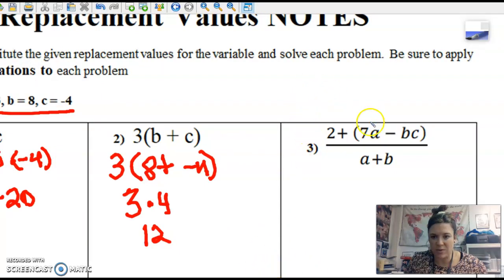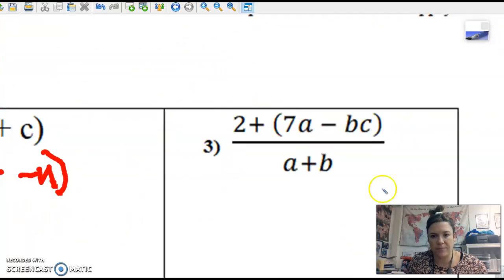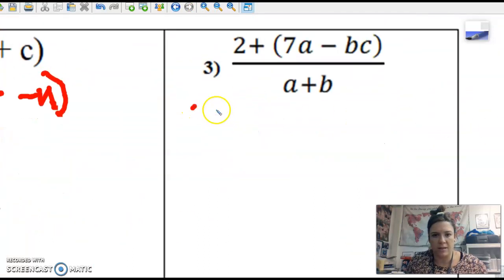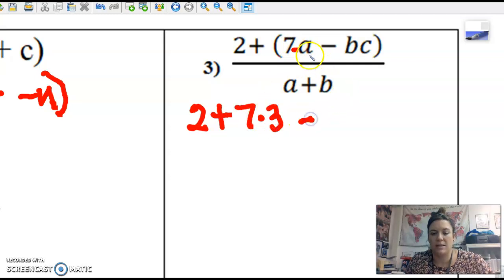All right, let's go on to number 3. Plug in our variables. So we're going to substitute a 3 for the A. It's a little bit bigger. All right, so we got 3 for the A, and that 7 is being multiplied by that A, minus the B, which was 8, and times the C, which is -4.